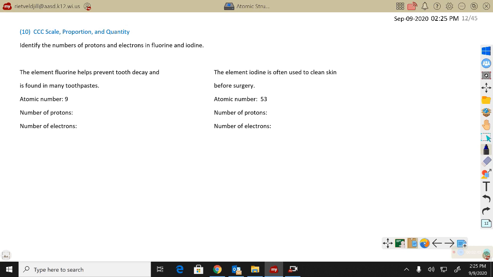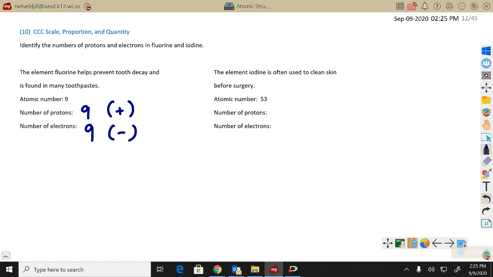But if it's element number 9, by definition, there must be 9 positive protons. Put a little positive in there. And there must be 9 negative electrons, so that overall the charge is 0, neutral. Iodine is an element used to clean skin before surgery.